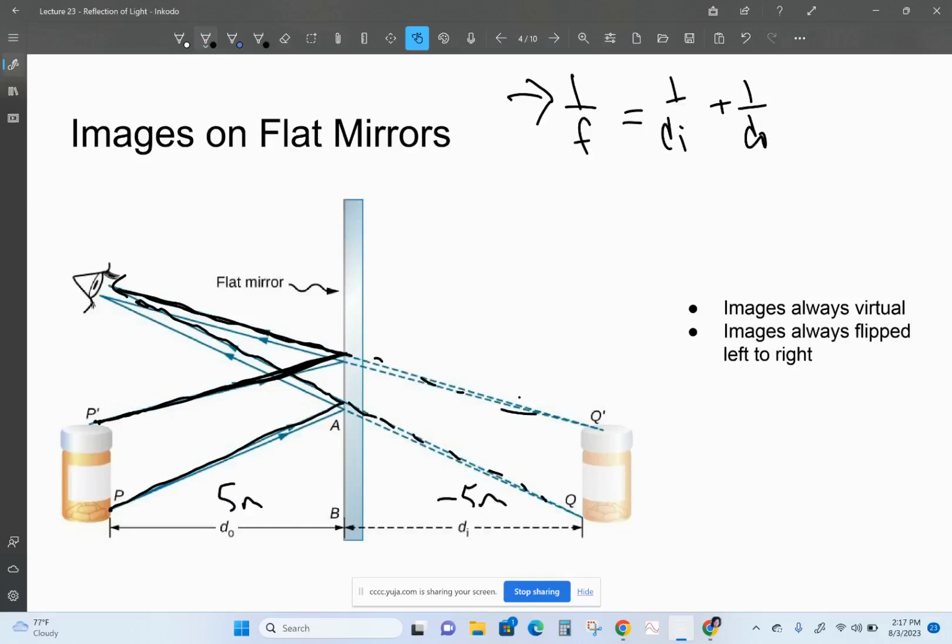Remember when we talked about lenses, negative meant it was on the same side. What's different here is that the reflected rays that could form a real image are going to be on the same side. Because mirrors reflect light and don't refract light, the rules are opposite for when di is negative and when it is positive.